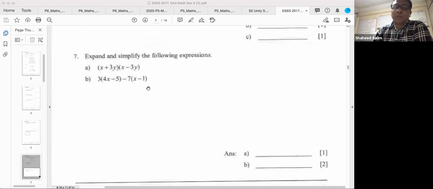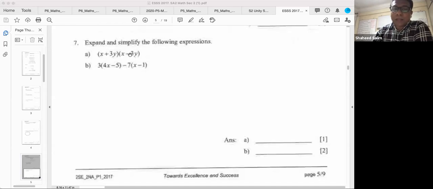Now, next one. This one. Expand first, times it out, then simplify. All the best.